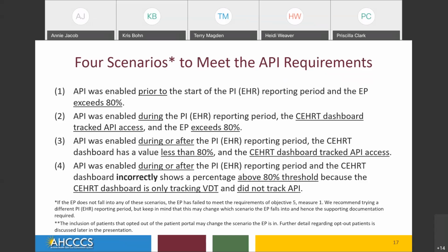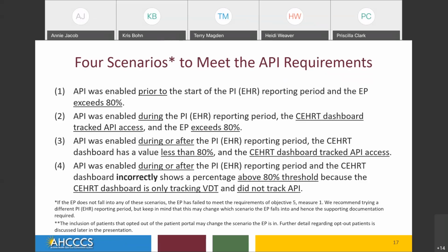The third scenario is that the API was enabled during or after the PI reporting period, the Cert dashboard has a value less than 80%, and the Cert dashboard tracked API access. The fourth scenario is that API was enabled during or after the PI reporting period, and the Cert dashboard incorrectly shows a percentage above the 80% threshold because the Cert dashboard is only tracking VDT and did not track API.